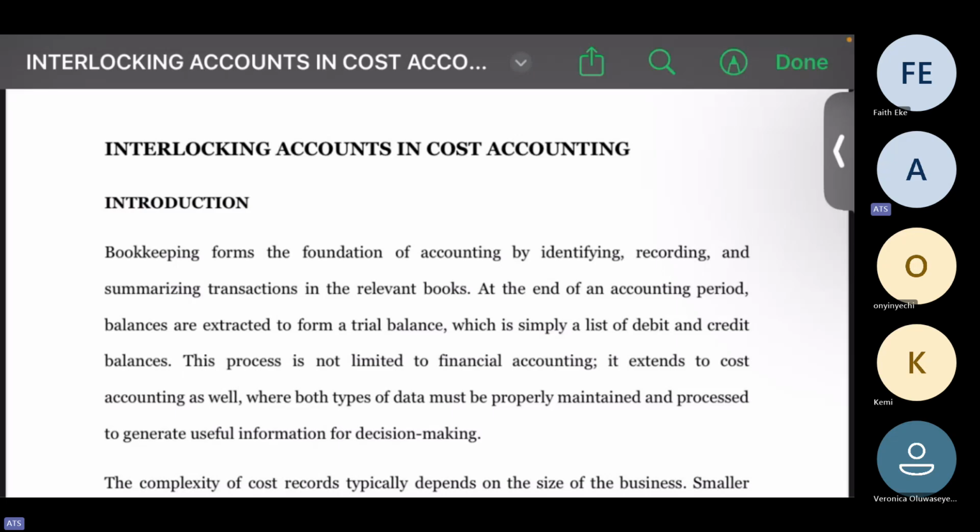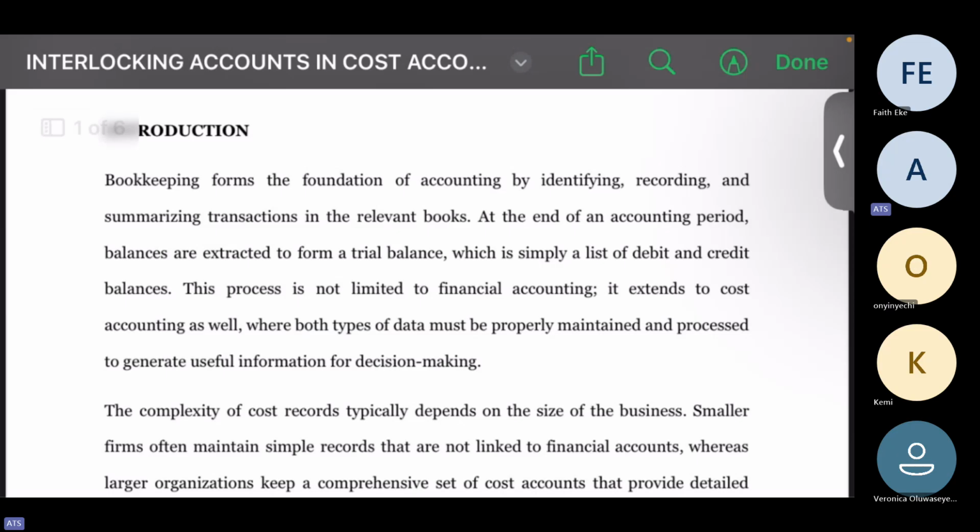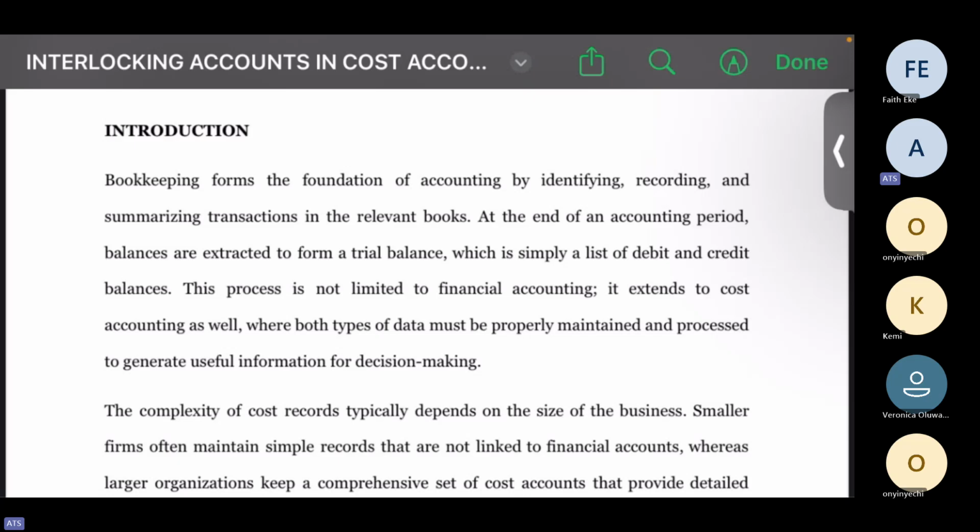When you want to decide what to price your products, what the best supplier to use is, or how efficient you are in production, especially in big companies with high levels of manufacturing activity, it is better to have cost accounts also. So the process is not limited to financial accounting; it extends to cost accounting as well. Both types of data must be properly maintained and processed to generate useful information for decision making.